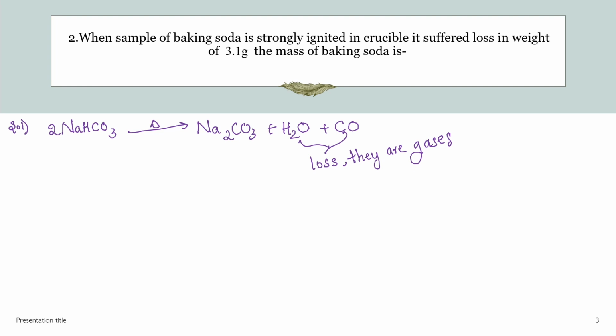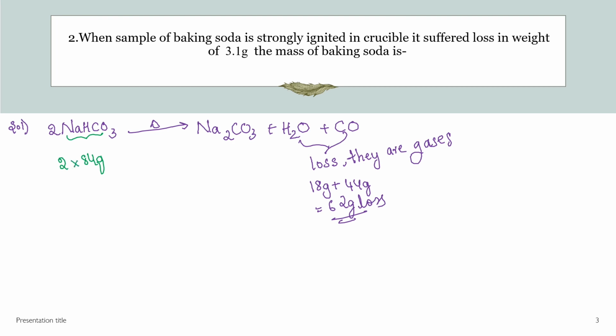It is 18 grams, whereas CO2 is 44. So the loss of these two gases is 62 grams. Here the molar mass of NaHCO3 is 84 grams, multiplied by 2.